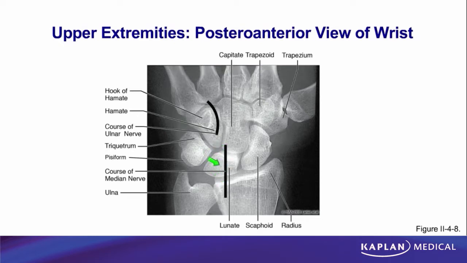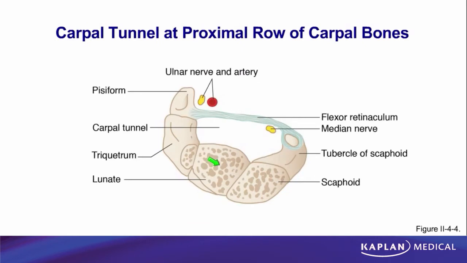If we look at this in cross-section, okay, here's the carpal tunnel. There's the lunate, one of the bones of the carpus. There's the carpal tunnel, there's the flexor retinaculum. Remember, the carpal tunnel contains the median nerve and 9 tendons. But notice that the lunate is sort of a wedge-shaped bone, and it's narrower posteriorly than it is anteriorly.